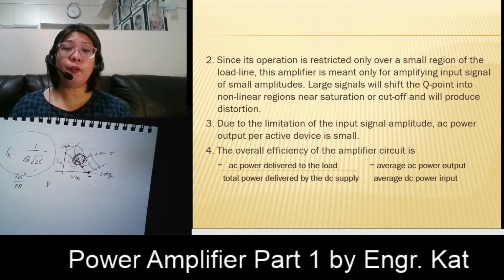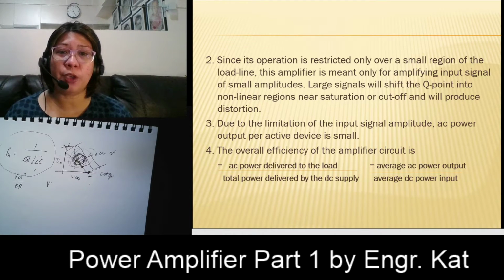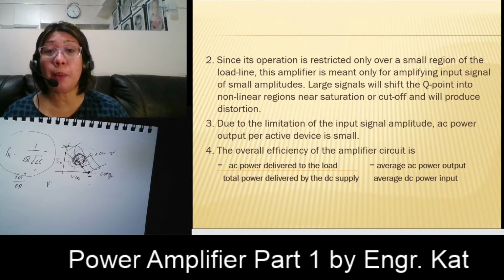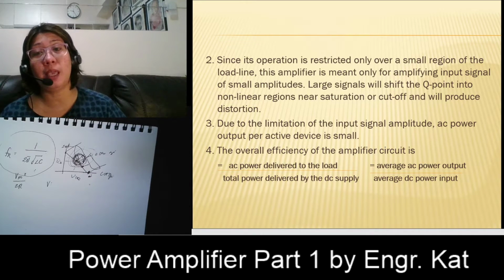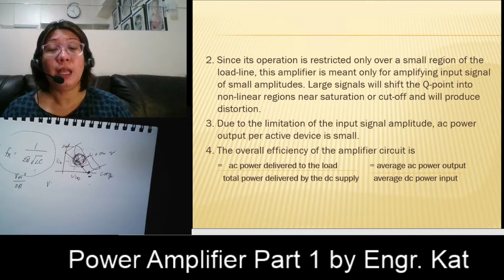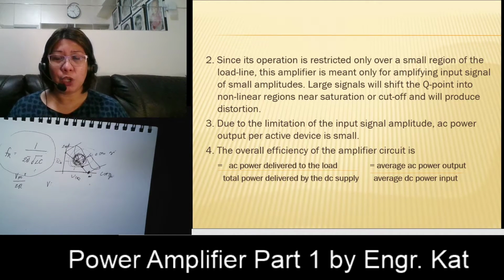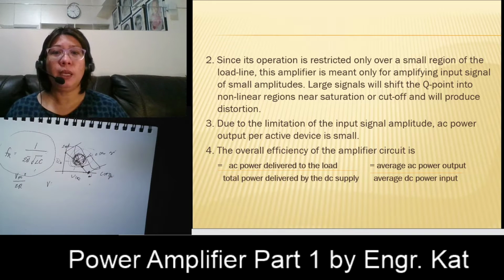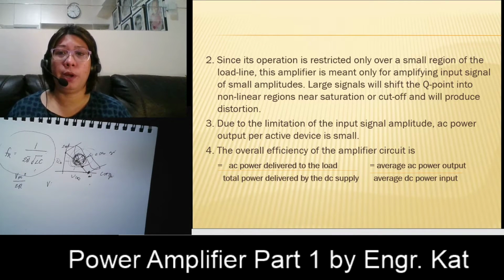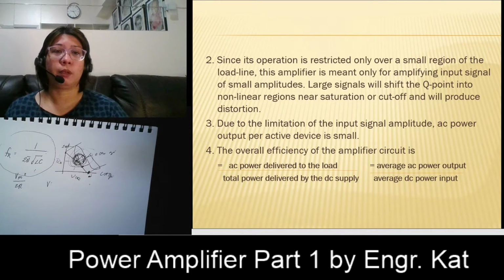The overall efficiency of the amplifier circuit is given by the AC power delivered to the load, which is the AC power that was converted, divided by the total power delivered by the DC supply, the overall DC power of your circuit.